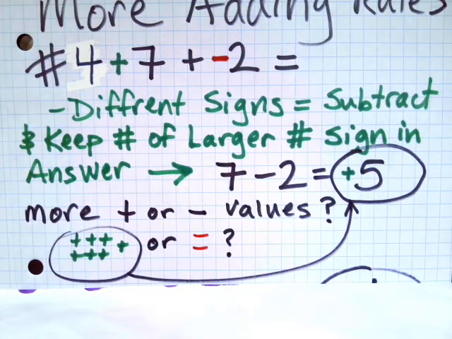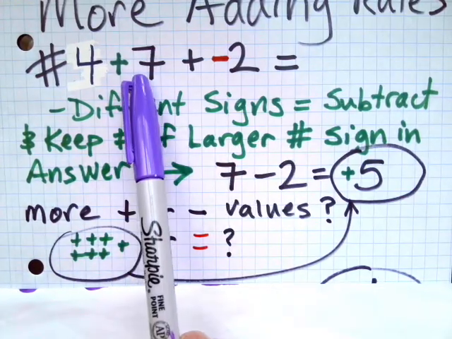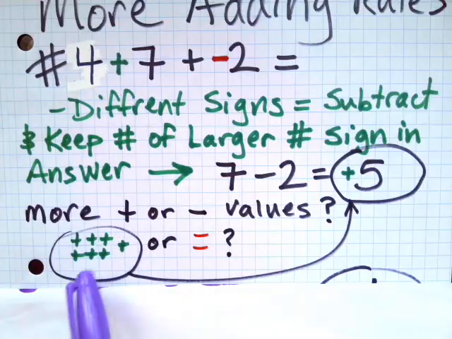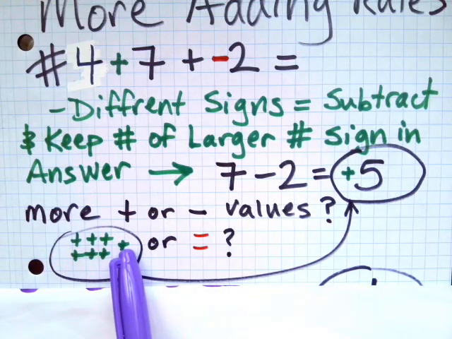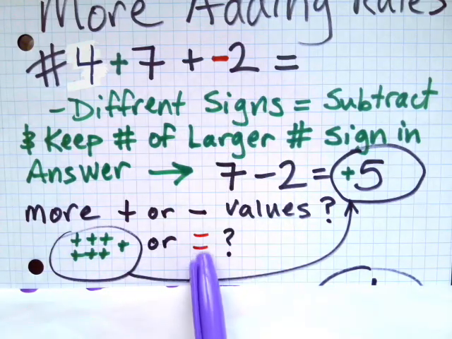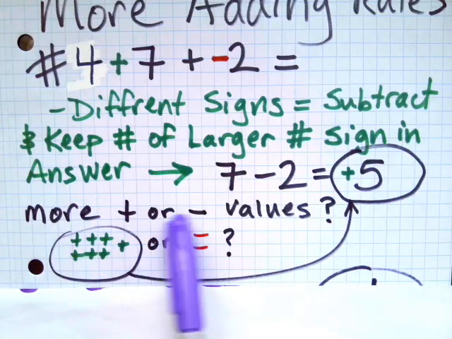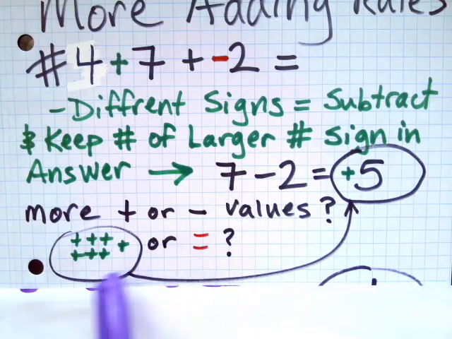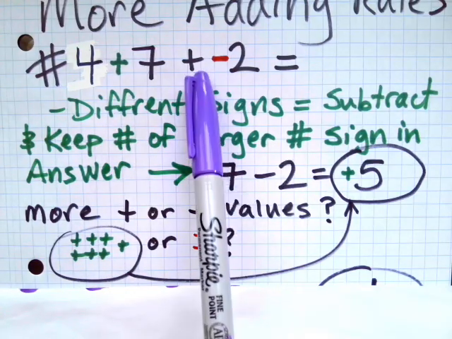Learn from them. So here I'm kind of showing you a visual. Up here, it's positive 7 plus a negative 2. So I'm showing you here I have 1, 2, 3, 4, 5, 6, 7 positive values. All right? And up here I have negative 2. I have 2 negative values, right? What do I have more of? More positives or more negative values? I have more positives. So the rule is different signs when you're adding.